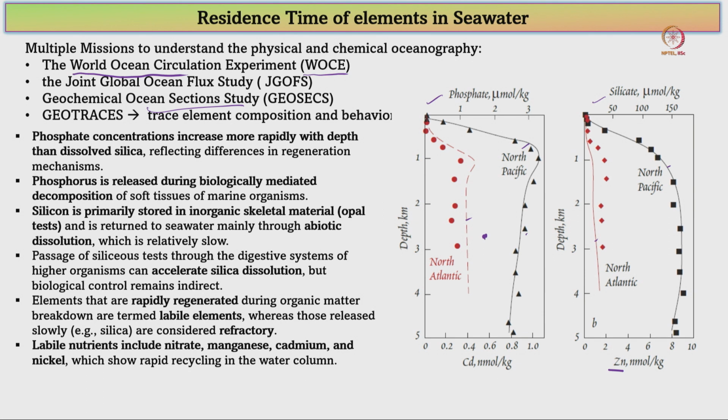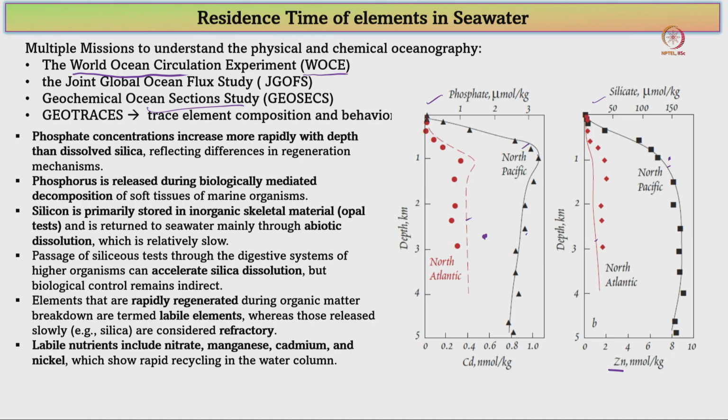And here it shows the different kinds of signatures, that is because of the different processes that are happening. So phosphate concentration increases rapidly with depth as compared to dissolved silica, and that shows the difference in regeneration mechanisms. So phosphorus gets released during the degradation of soft tissues, the organic matter.